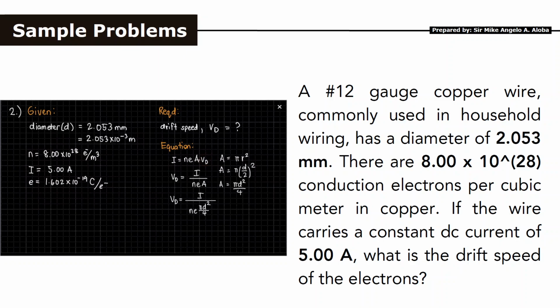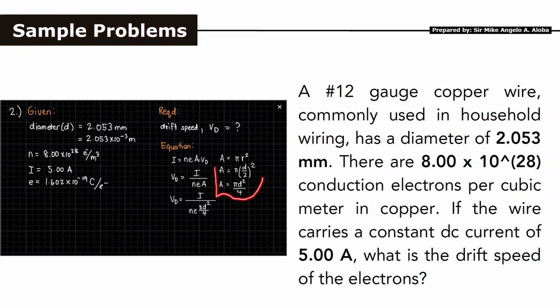And remember, since the area is of a circle through the wire, the area of the circle is pi r squared. But r can be written as 1/2 of the diameter, so d over 2. And simplifying this, you will get the area in terms of the diameter as pi d squared over 4.